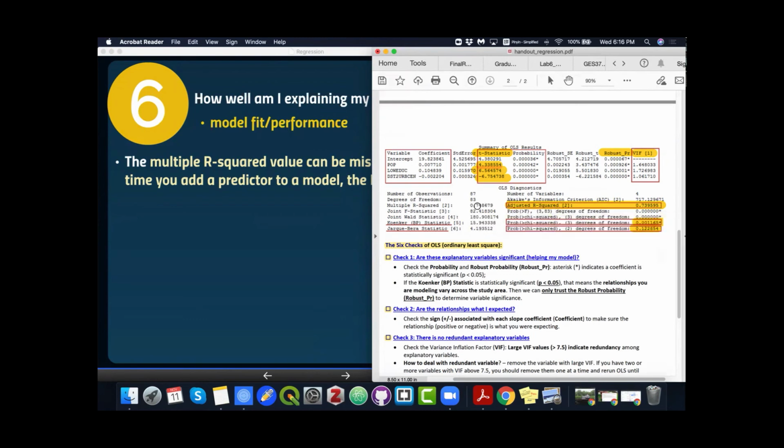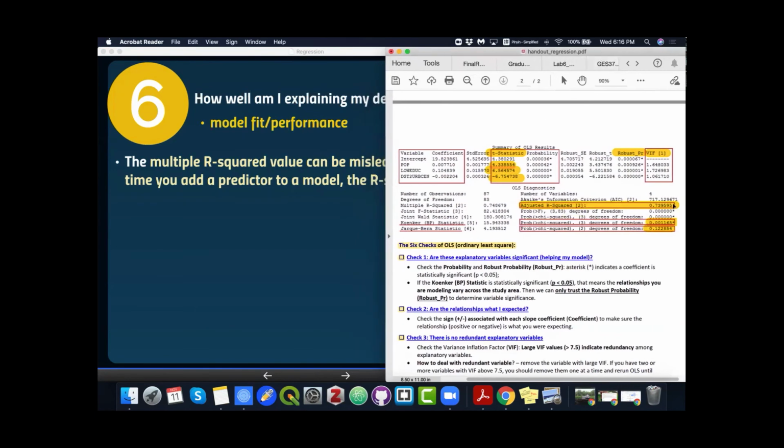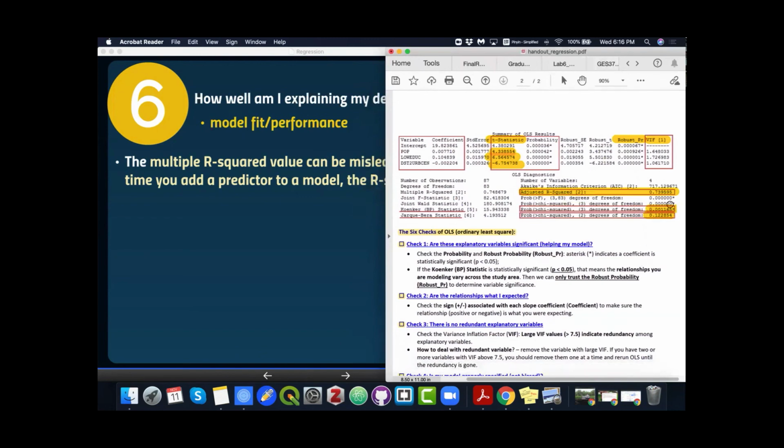So instead of looking at this, almost 75% of variation being explained by the model, we should be reading that actually only 74% of the variation is being explained by the model. So first of all, keep in mind, you should look at the adjusted R-squared value for a multiple regression model, and then we'll talk about why. In this case, we can see 74% of variation being explained by the model.